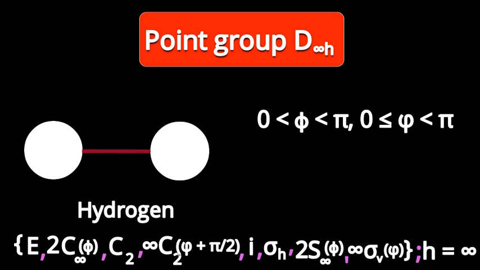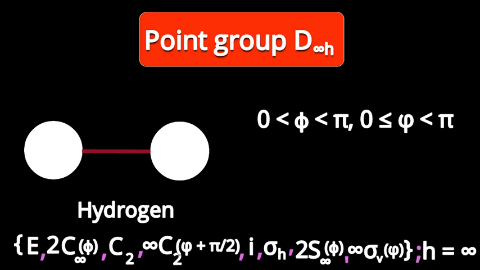Yes. We can cut this hydrogen molecule keeping a lamina plane perpendicular to the hydrogen bond and passing through the center of the hydrogen. What is the name of that plane? Horizontal plane. So I represented there sigma h as an operation.